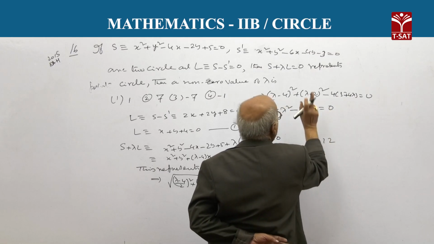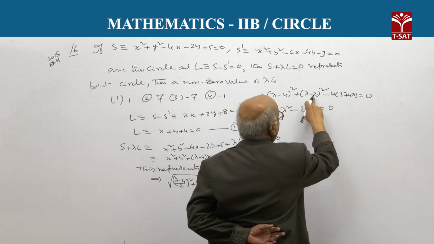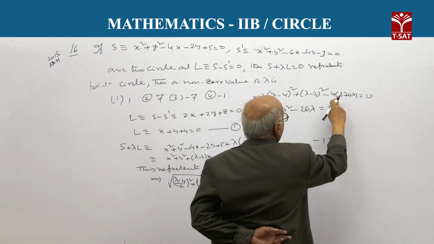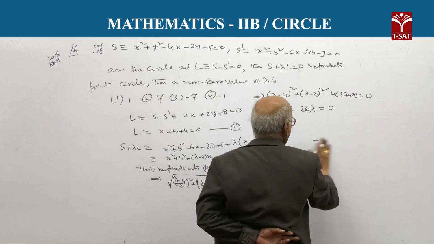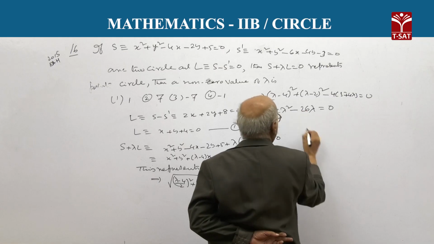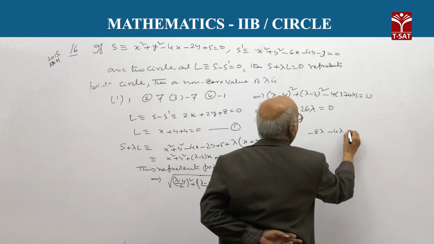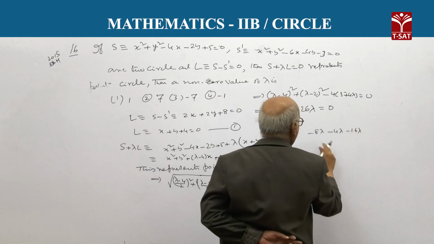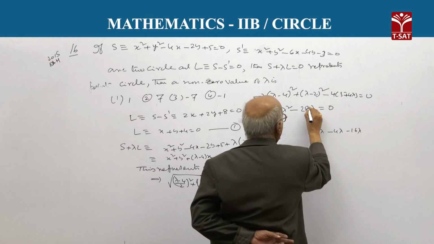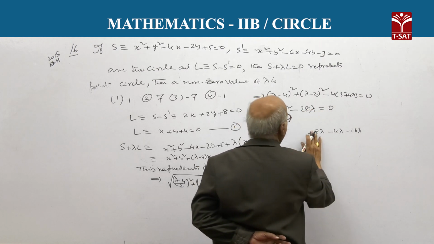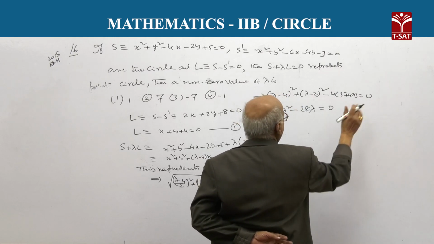And lambda square, and minus 8 lambda minus 4 lambda minus 16 lambda means minus 28 lambda, and 16 plus 4, 20 cancel.